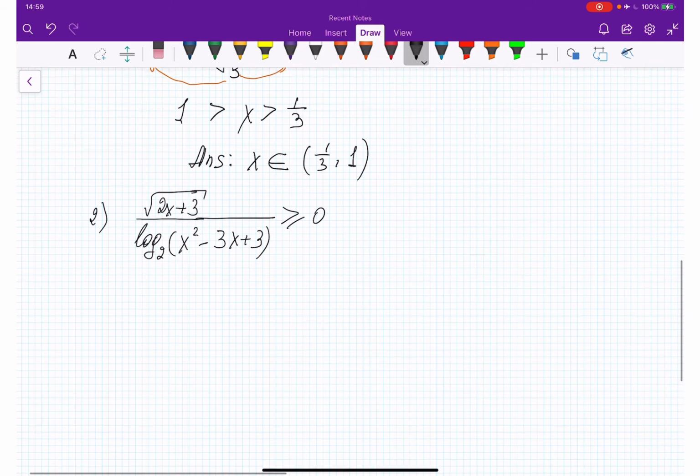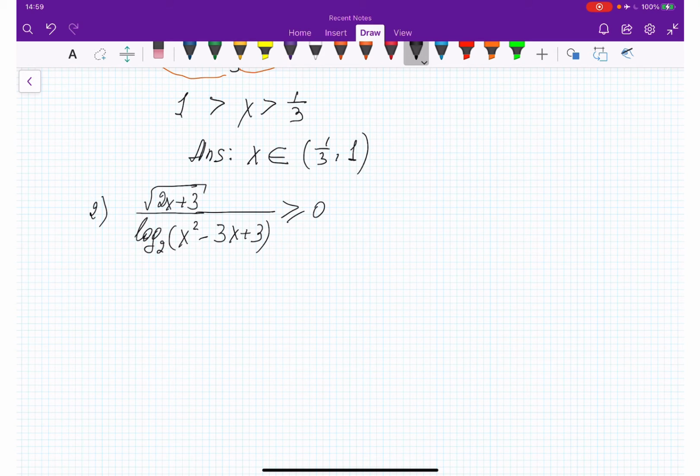All right, since we have a fraction here, let's find out what our domain is. First of all, conditions. 2x plus 3 has to be greater or equal 0 because it's under the square root, right? We can't have a negative sign. And from here, x is greater or equal negative 3/2.